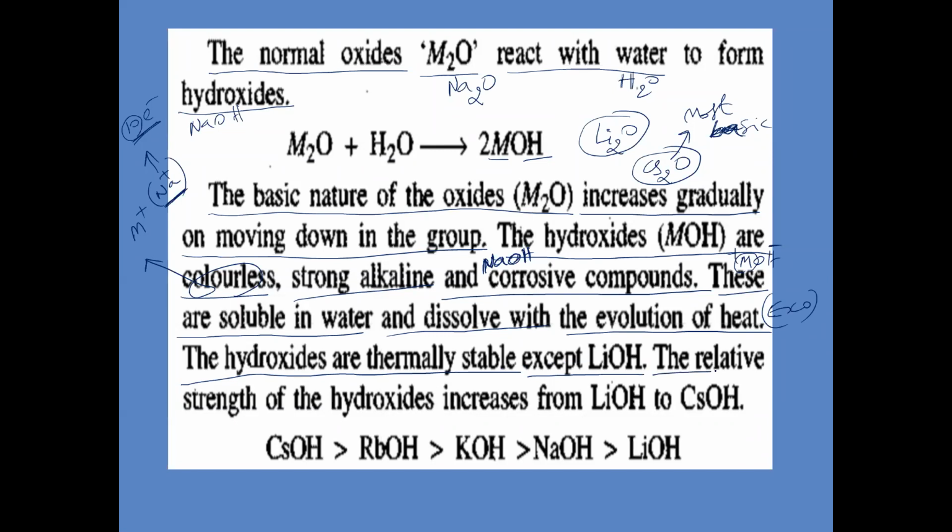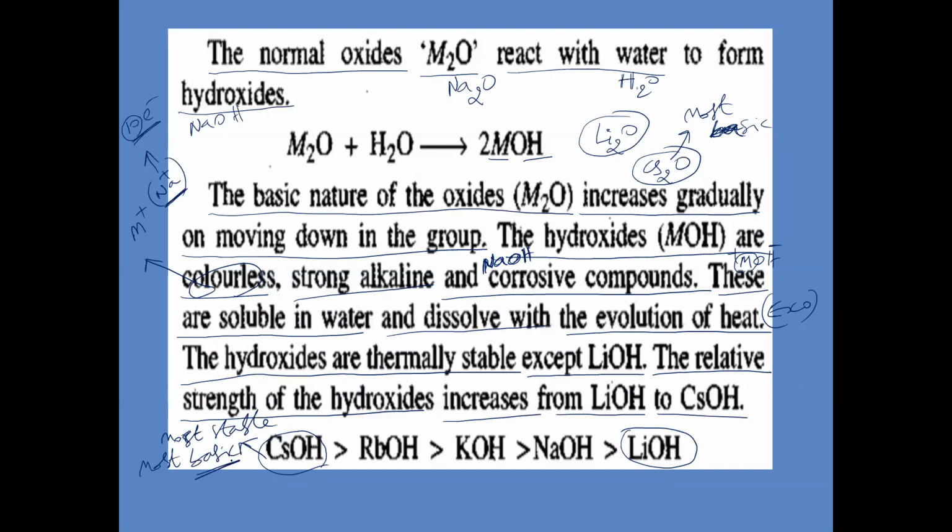Okay. Next, the relative strength of hydroxides. The relative strength of hydroxides increases from lithium hydroxide to cesium hydroxide. Now here, if you take cesium hydroxide and lithium hydroxide, which is more stable? The cesium hydroxide is more stable. So we can say it is the most stable hydroxide of the first group, and most basic, meaning most alkaline.